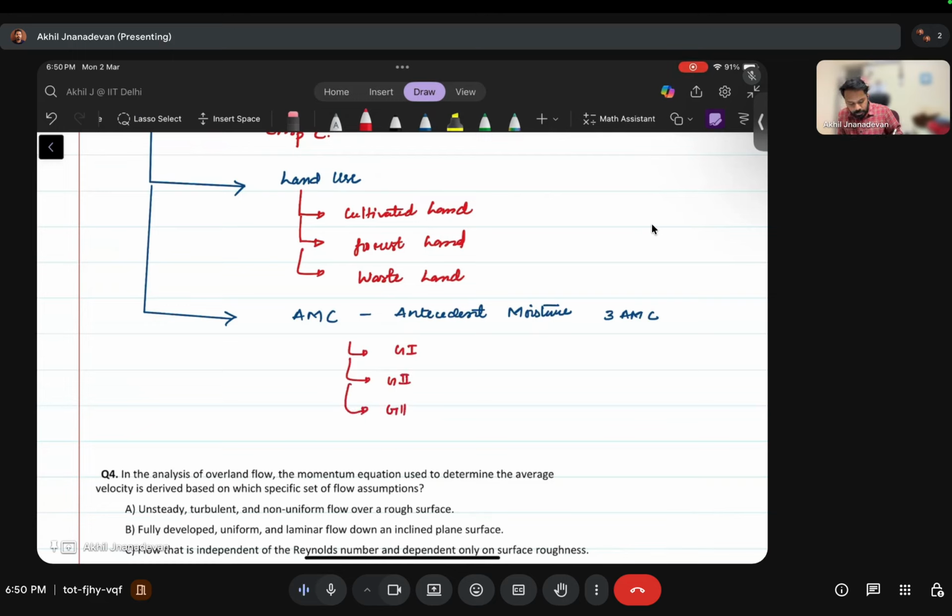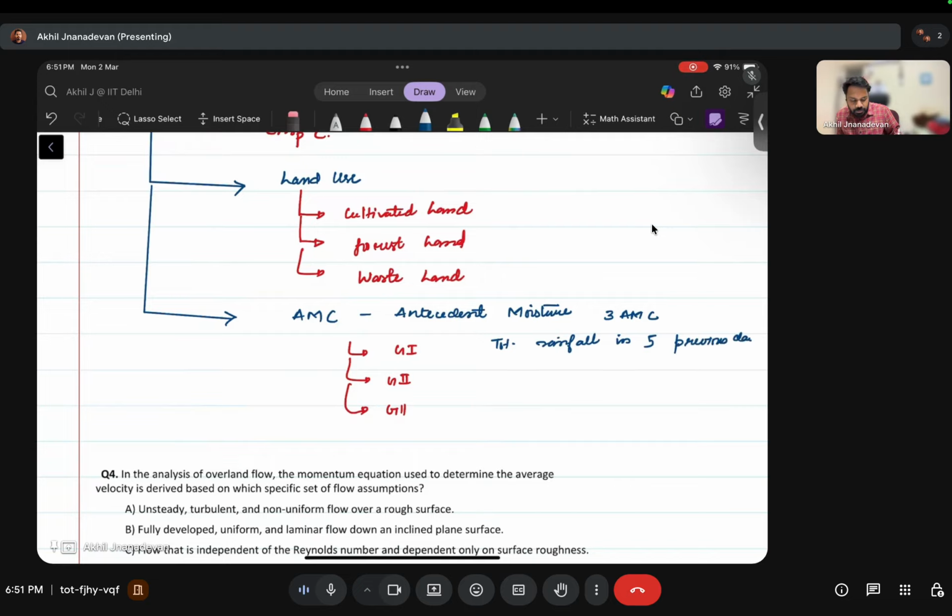They have defined this based on the total rainfall in the 5 previous days.